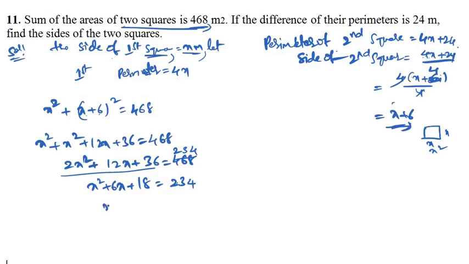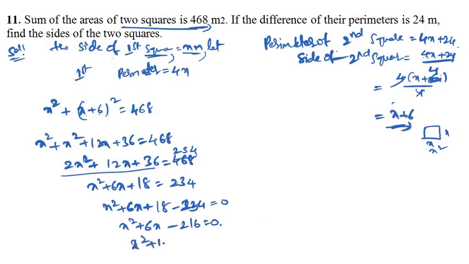It will go inside: x square plus 6x plus 18 minus 234. So it will become x square plus 6x minus 216 is equal to 0. So 18 into 12 is 216, x square plus 18x minus 12x minus 216 is equal to 0.